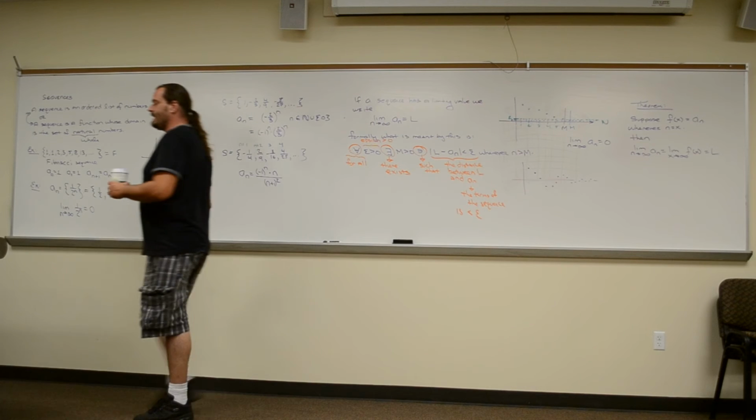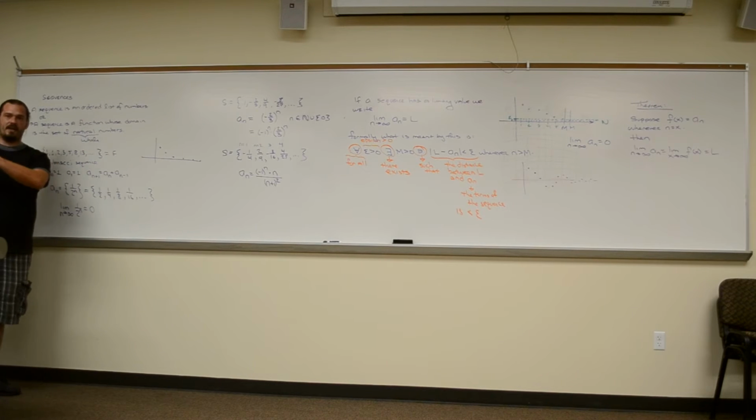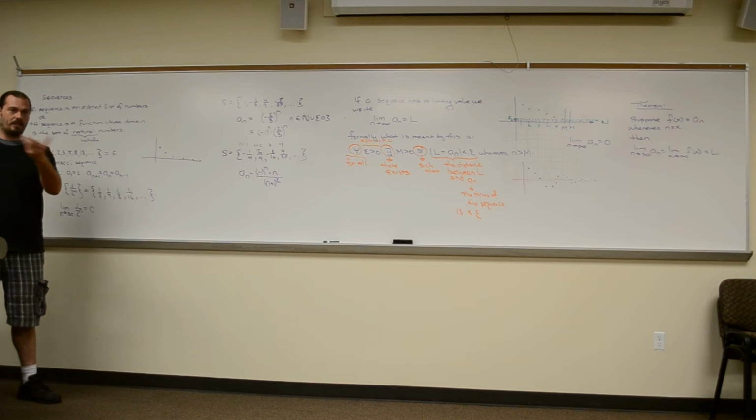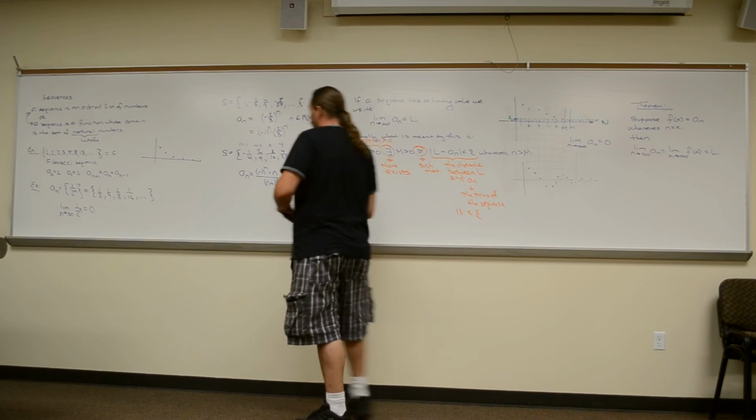This is a theorem that says if you simply replace your n's with x's and evaluate the limit in terms of x, whatever you get out of that is the same as for the sequence, the thing that you had. So in fact, let me use an example like this to illustrate it.